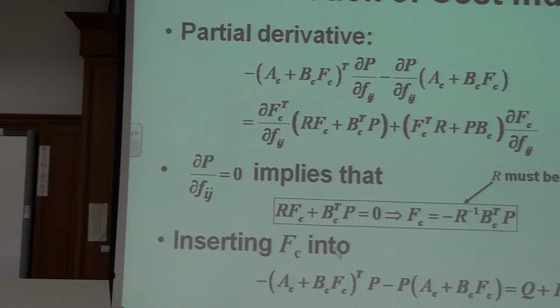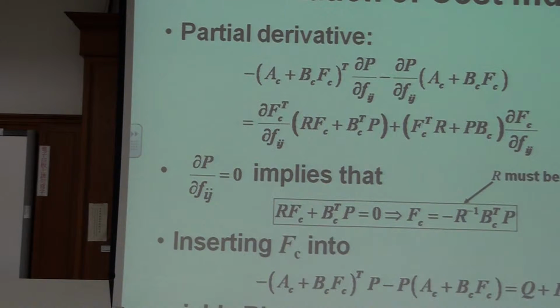When we insert FC into that equation, we call it the Riccati equation. This is the equation to solve for P, and because you solve for P, you solve for F. So that's what we call the Riccati equation. The Riccati equation is the equation required for the optimum control to solve for the optimal control gain.